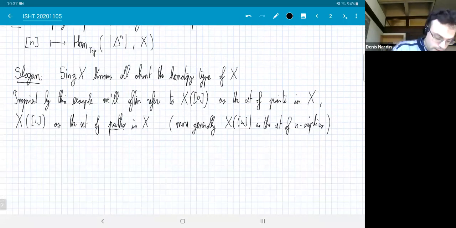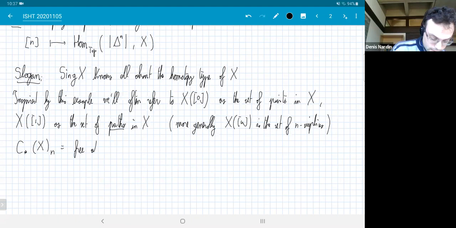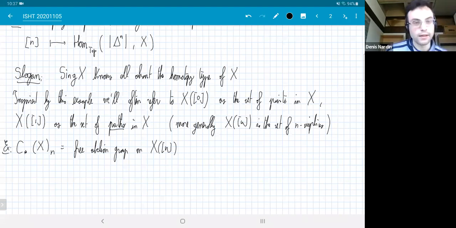So for example, you can define the chain complex whose nth term is the free abelian group on X[n] and face maps given by the sum of minus 1 to the i times d_i.